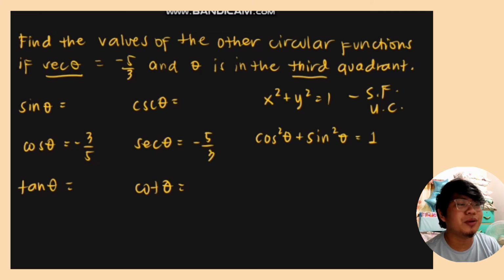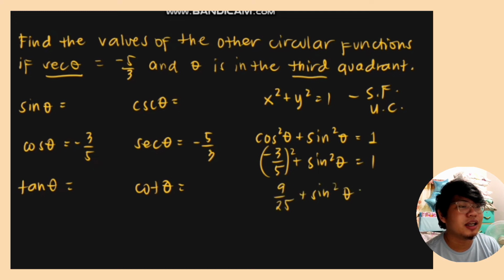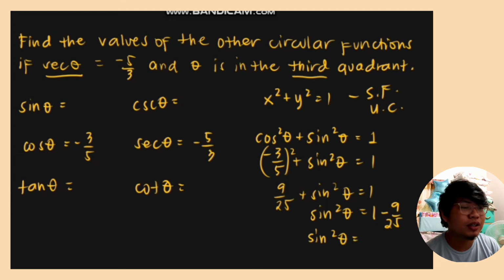Okay, so sa part na to, pwede na nating i-consider si cosine squared theta as negative 3 over 5 squared plus sin squared theta equals 1. So, simplify this. This is 9 over 25 plus sin squared theta equals 1. We transfer it to the other side. So, sin squared theta is equal to 1 minus 9 over 25, which is 16 over 25.